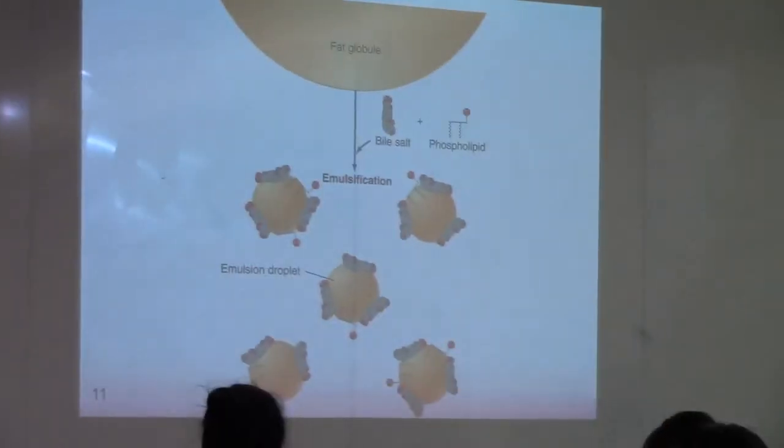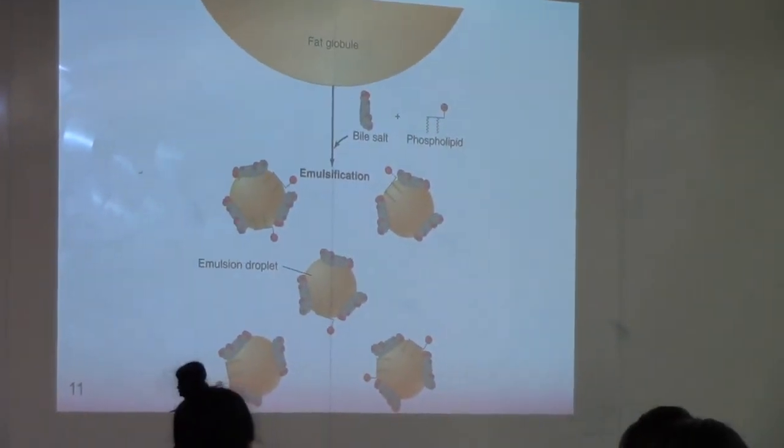And there's some lipid in there too. So we have solubilized the fat into something microscopic, and we call it an emulsion. Bile is essential for emulsifying fat, making microscopic particles of fat.